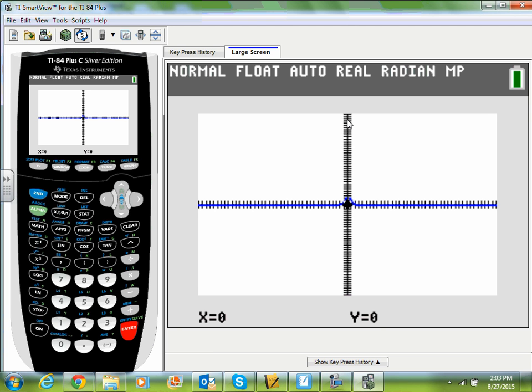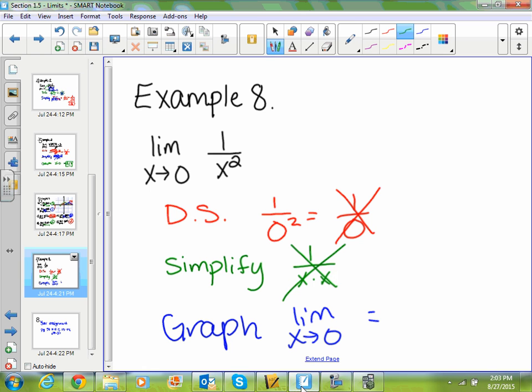It does exist, but it's one of our unique cases where our limit is equal to positive infinity, because it's going on and on forever and ever and ever. If it looked like this, then we would say that that was a negative infinity limit. But since it's going up into the positive direction, you see that it's positive infinity.